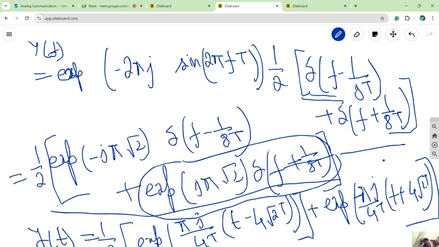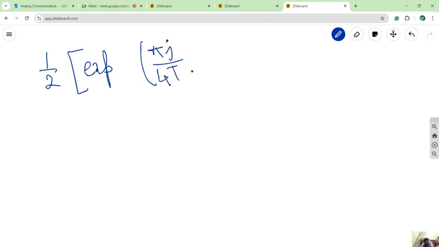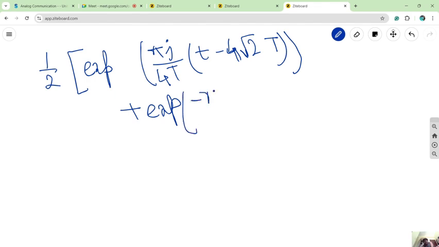sorry, this is like this. Just rewrite it: it will be half of exponential of pi j by 40 into t minus 4 square root of t, plus exponential of minus pi j by 40 into t minus 4 root t.